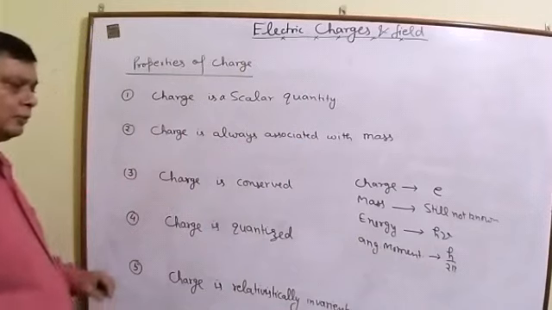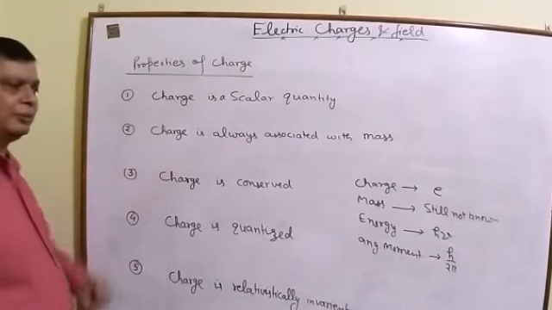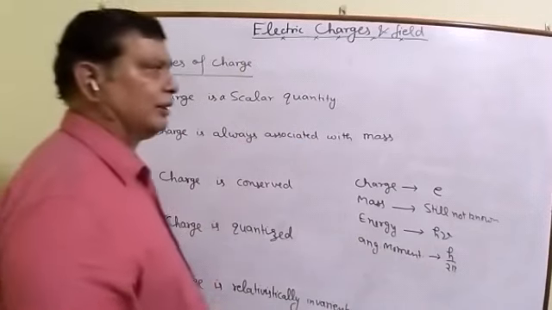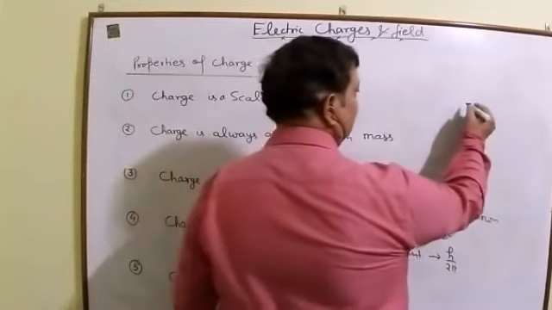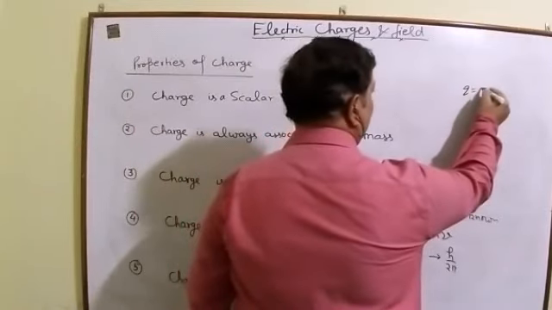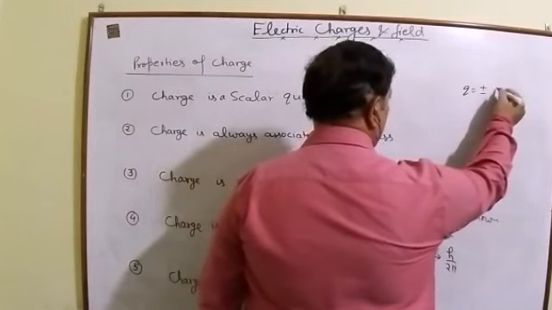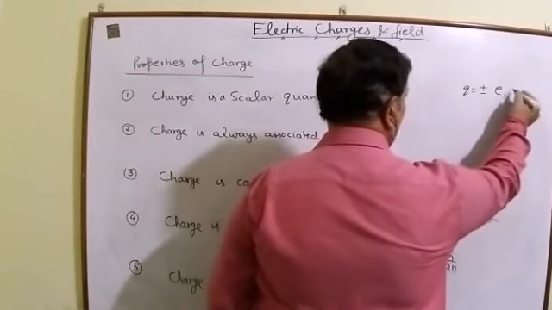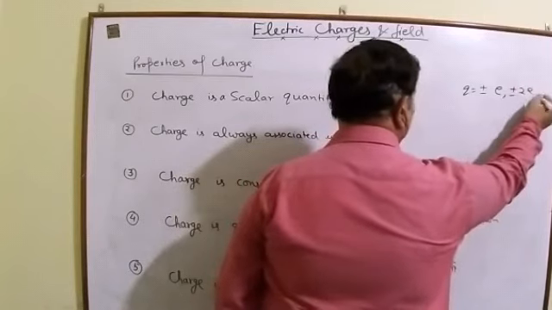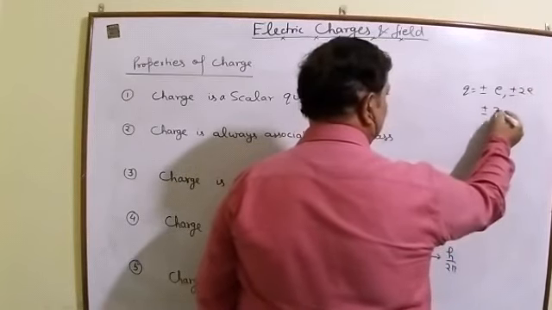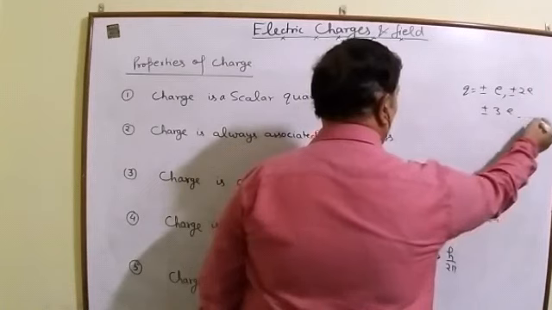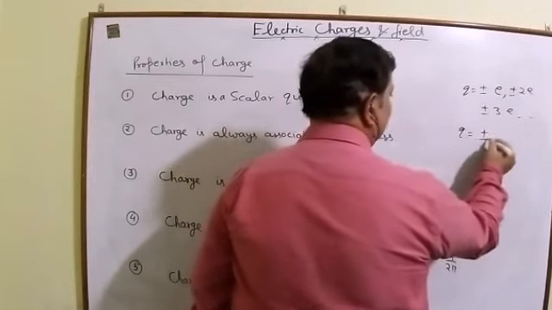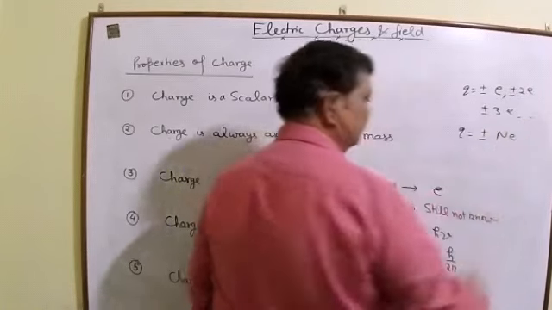So quantization of charge means that whenever the charge on any body exists, that will be integral multiple of E. Means it may be plus minus E or plus minus 2E or plus minus 3E or plus minus NE.